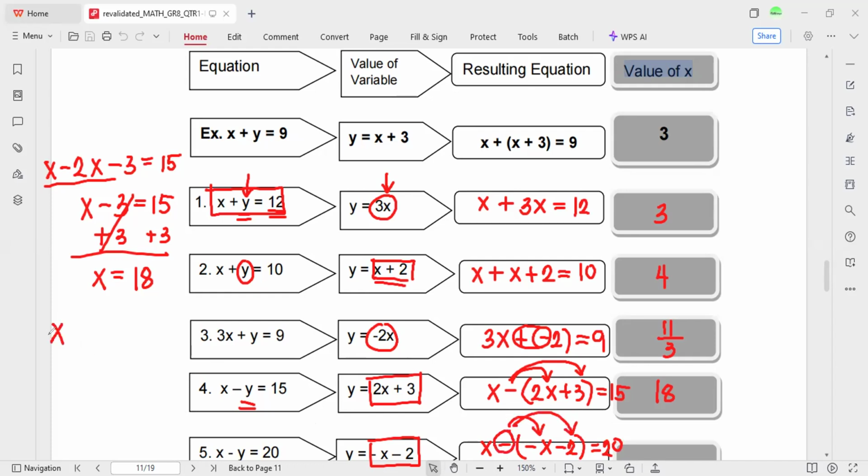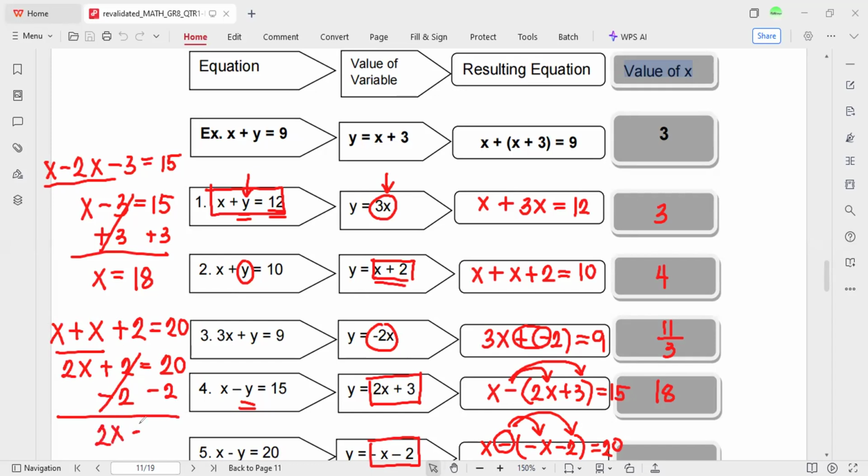So we get x plus x plus 2 equals 20. X plus x is 2x plus 2 equals 20. Do the inverse so that we can isolate our x. So we got 2x equals 18. Divide both sides by 2. We get x is equal to 18 over 2, or that is equal to 9.